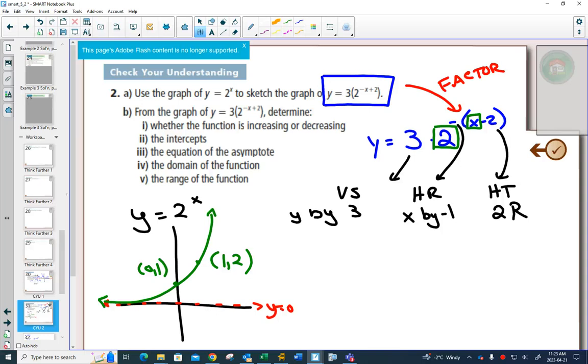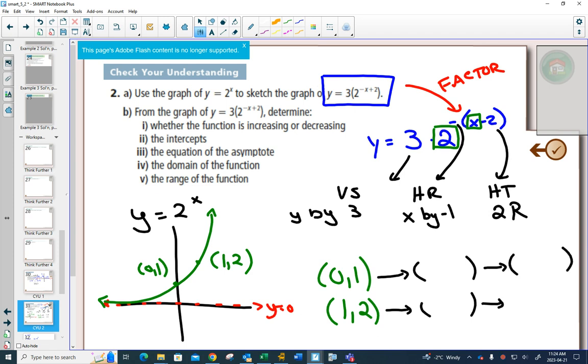Then I'm going to take my 2 key points from my green graph, 0, 1, and 1, 2. Remember in transformations that we always did stretches and compressions first, then translations afterward. So we have y getting multiplied by 3 and x getting multiplied by negative 1 for our stretches and compressions.